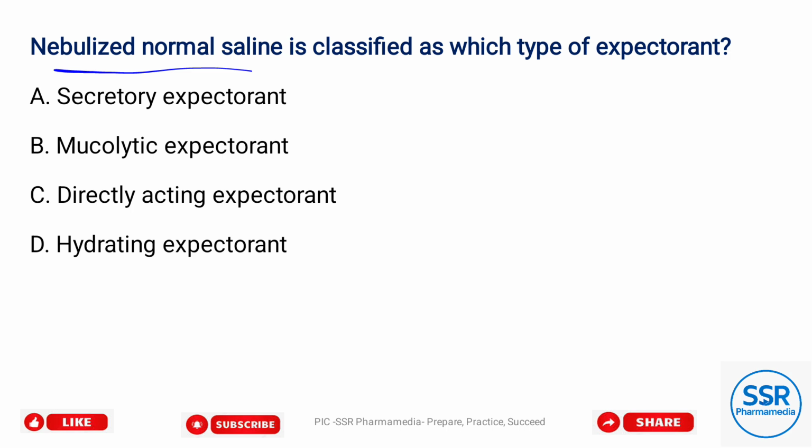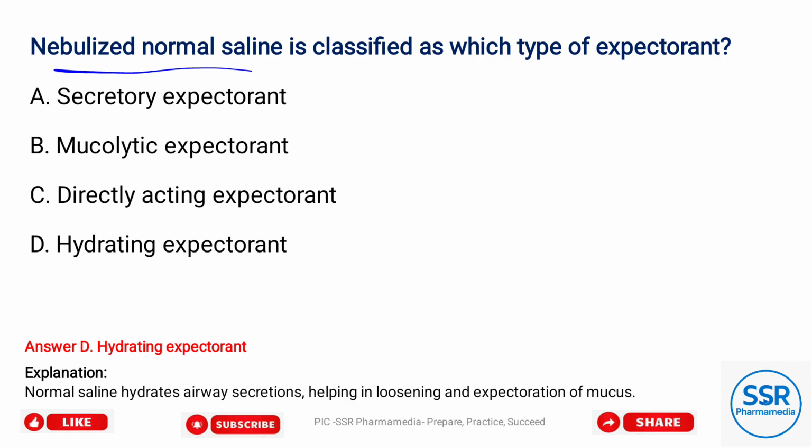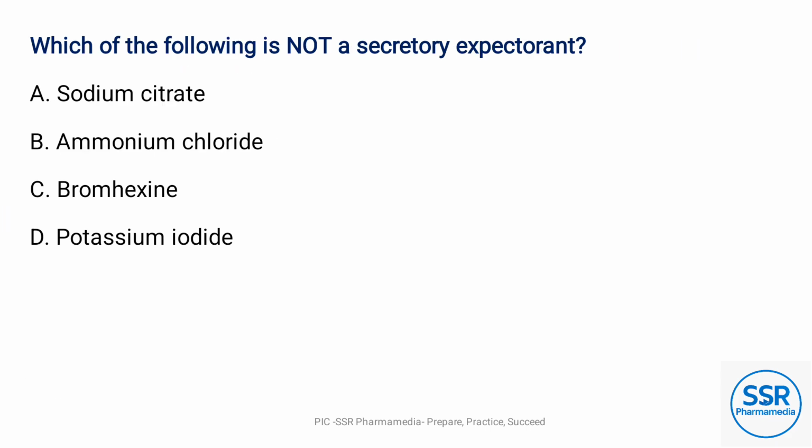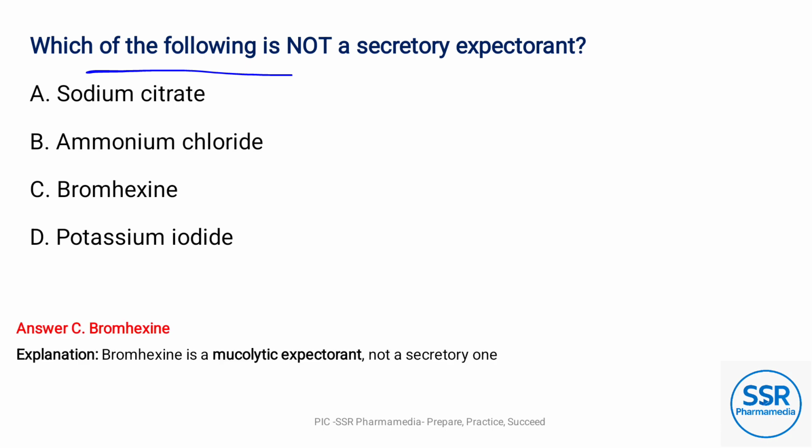Nebulized normal saline is classified as which type of expectorant? Option D, hydrating expectorant. Normal saline hydrates airway secretions, helping in loosening and expectoration of mucus. Which of the following is not a secretory expectorant? Option C, bromhexine. Bromhexine is a mucolytic expectorant, not a secretory one.